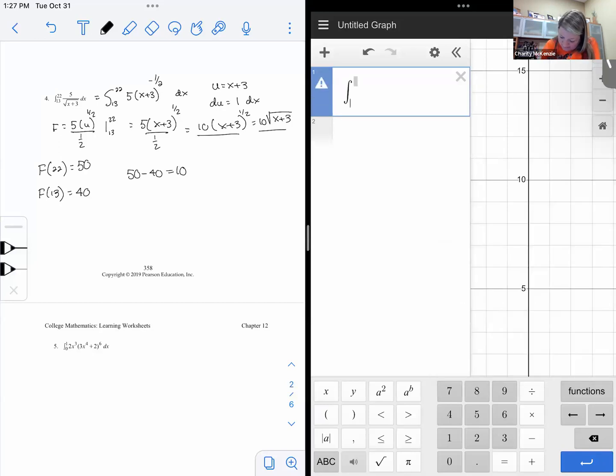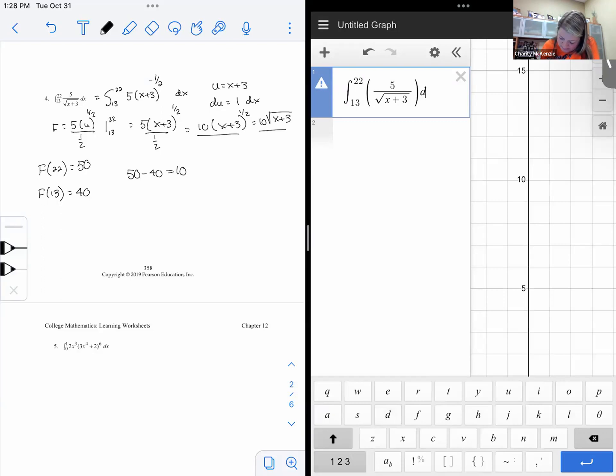And then I'm going to tell it from 13 to 22 of, always use parentheses because you have to have that dx and everything, 5 divided by the square root of x plus 3. Go over till you're on the outside, enter parenthesis, and then just type dx in there. It will actually just give you the solution.